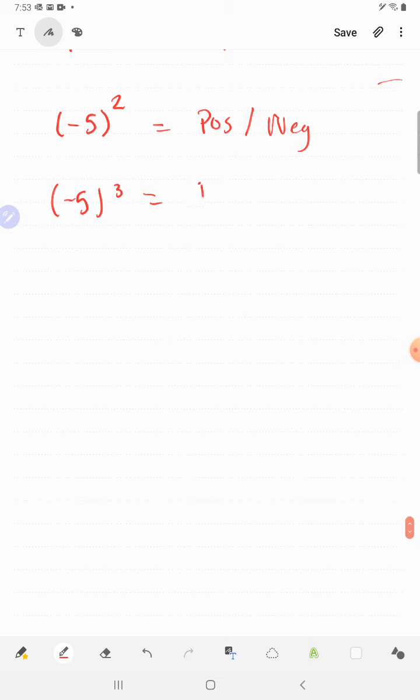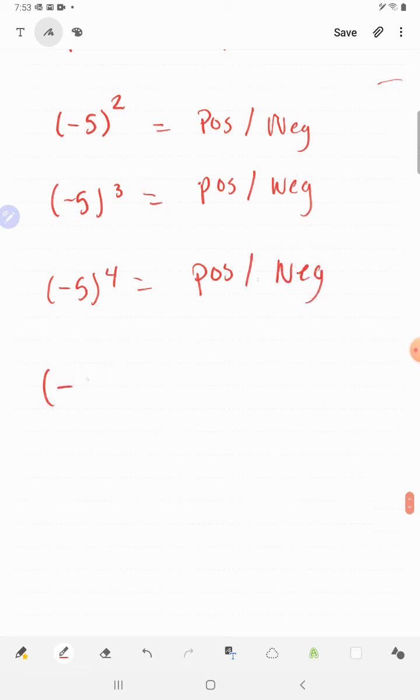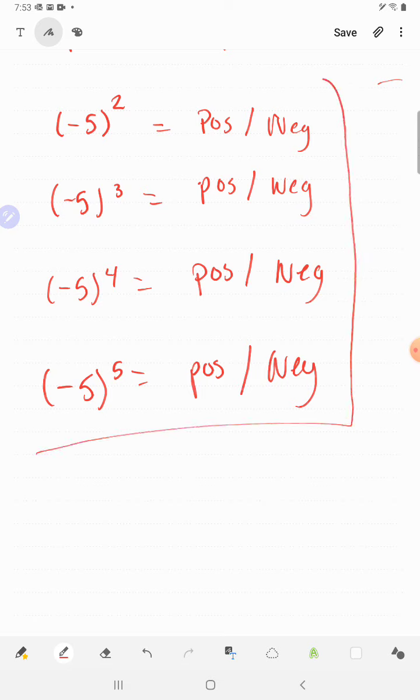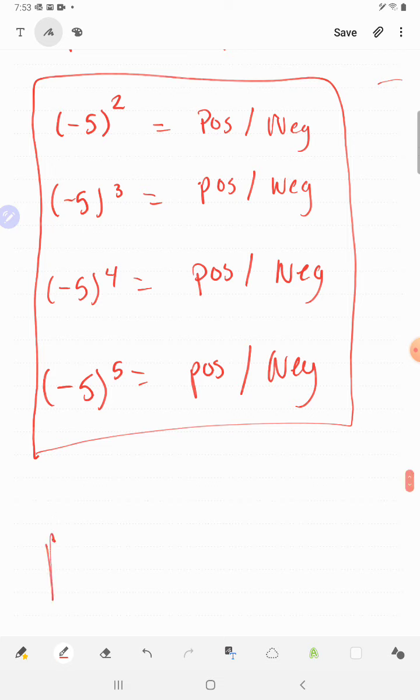Is this answer going to be positive or negative? Then negative 5 to the fourth power. Positive or negative? And negative 5 to the fifth power. Positive or negative? All right, once you do that, you should notice a pattern. Tell me what that pattern is once you notice it. All right, you guys, that's all for your notes today.